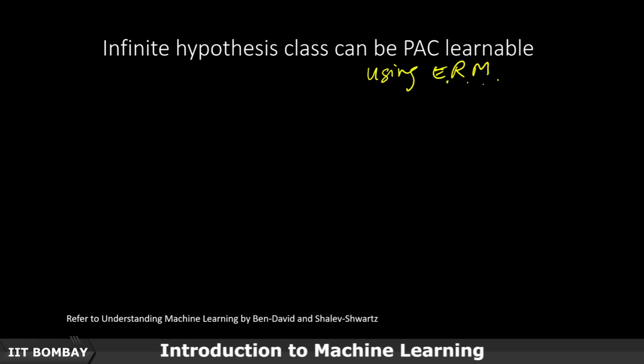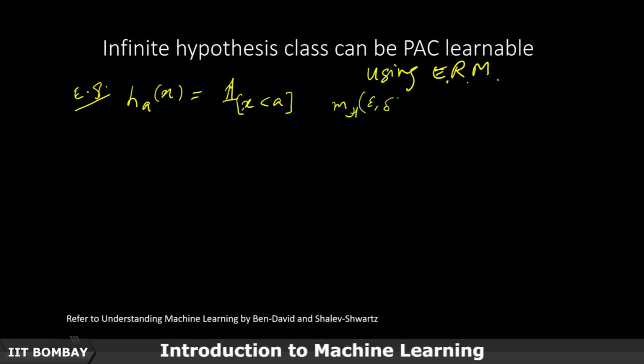Okay. So let's take the example of a threshold classifier. It is simply 1 if x is less than a, otherwise it is 0.